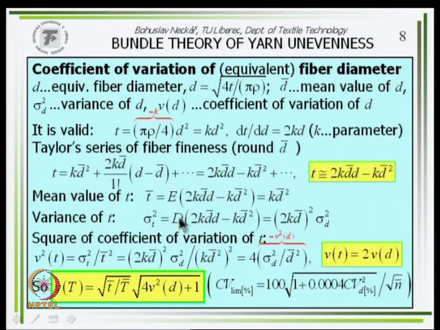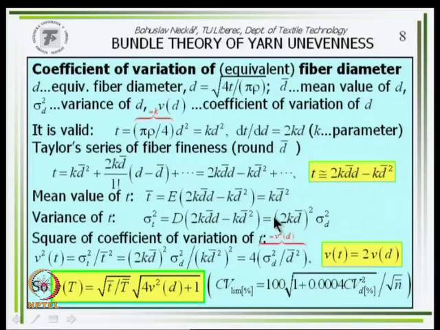Variance, it is from this expression. The random quantity is this D here, and because constants don't play a role, the parameter 2k D bar is a constant, and the variance of a constant times a random quantity is the constant square times the variance of this random quantity. You know it from the theory of probability.